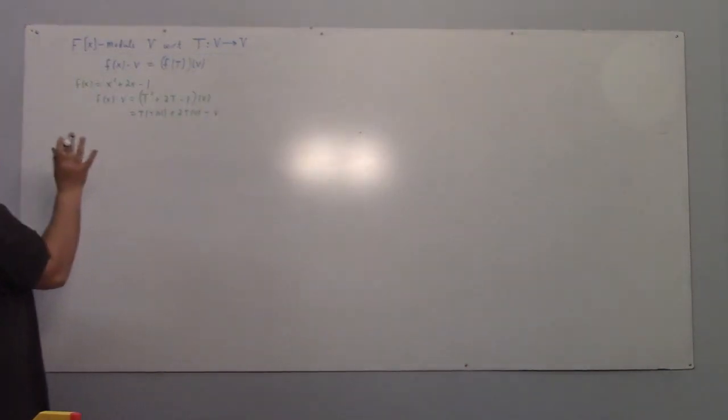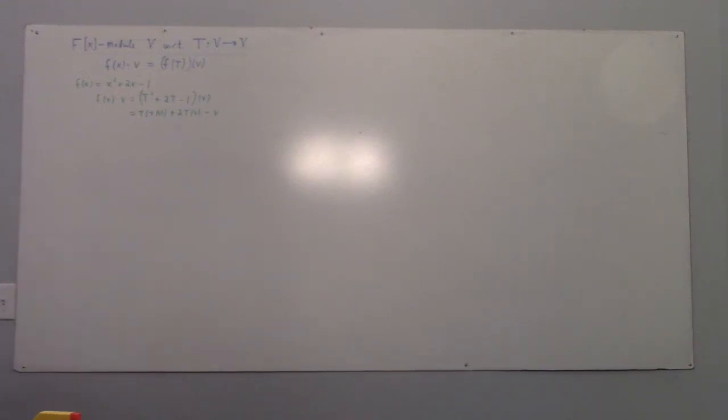That's explicitly the vector that f of x dot v maps to if f of x is x squared plus 2x minus 1.